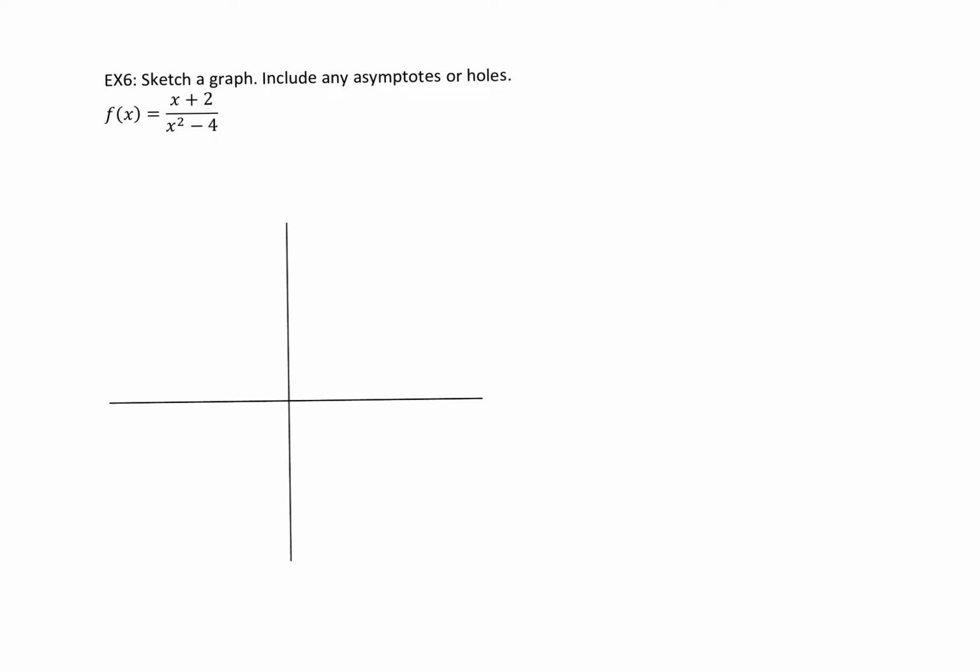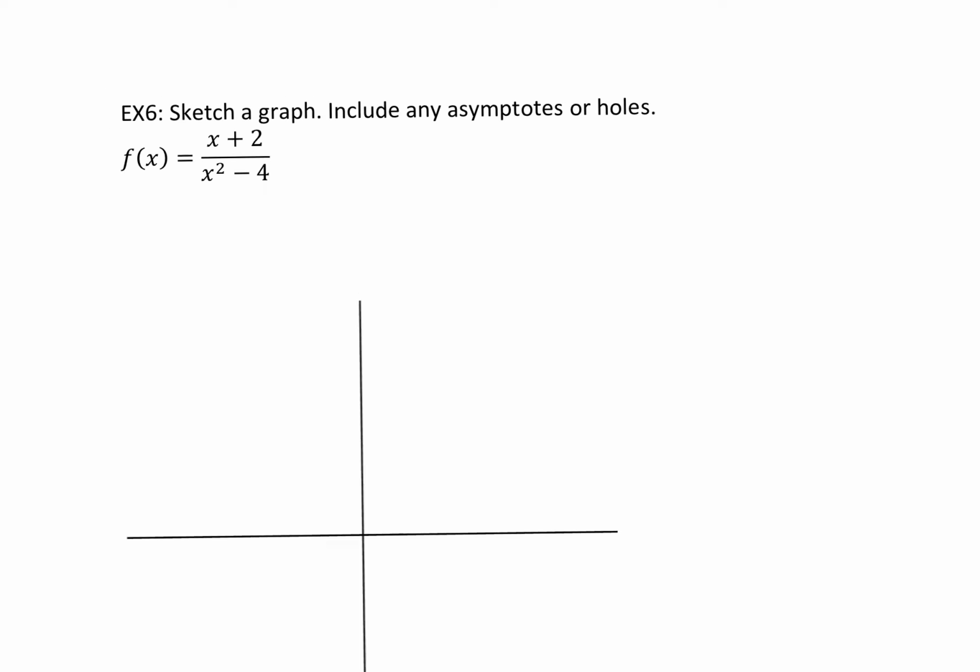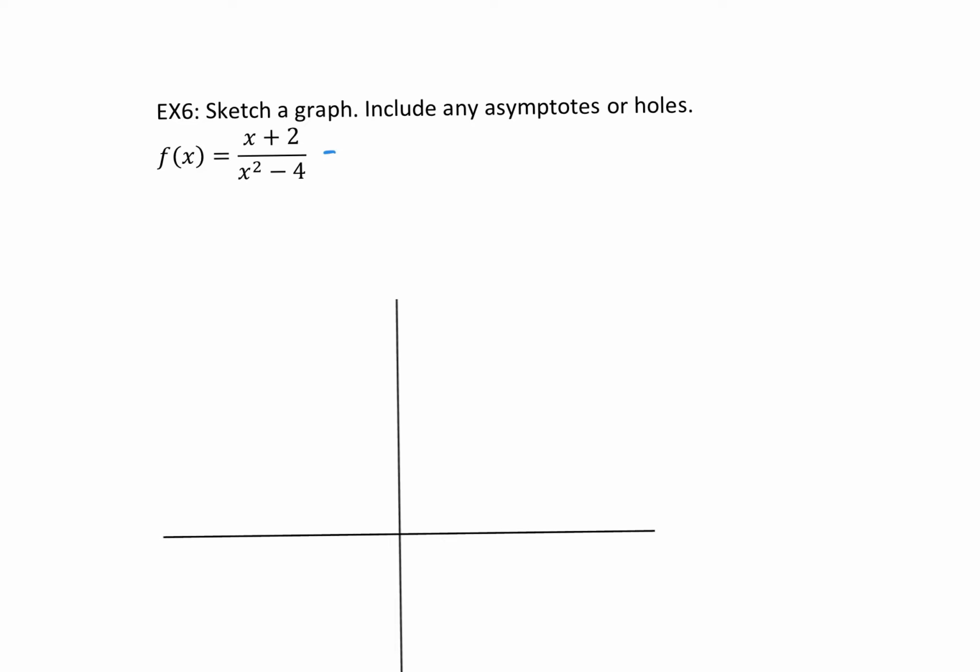Example 6, we're going to sketch a graph, including any asymptotes or holes. First thing we want to do is get the domain by factoring. And here the denominator, a difference of squares, would be a +2 and a -2. So I can see that this will reduce. The x plus 2 in the numerator and denominator will reduce.